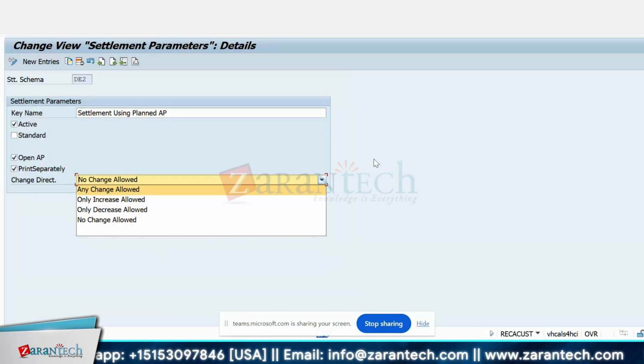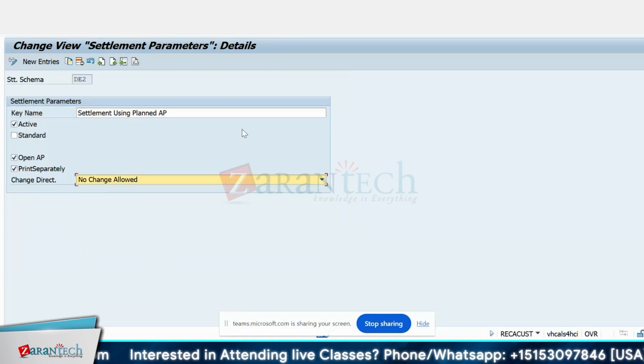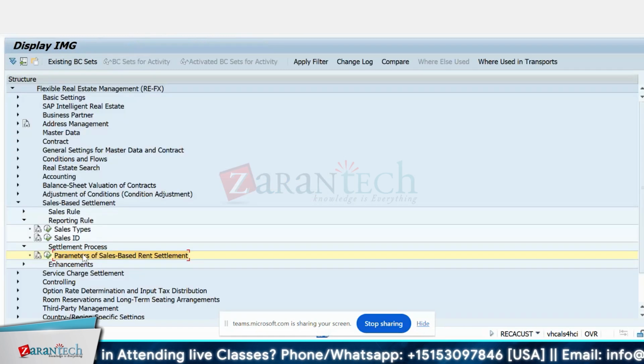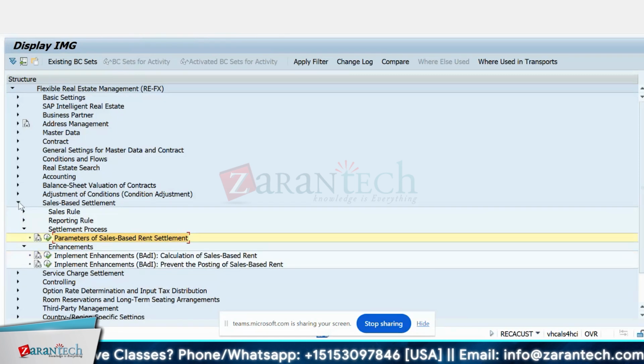Change direction is nothing but when we are increasing any of the settlement, let's say if you want to define any of the settlement parameters, then it should be defined whether, based on the sales rule, only increase should be allowed or decrease should be allowed in minimum sales based rule, whether it is allowed or not. So all these things for settlement parameters, you can define over here. Okay. Then under this your enhancement will be coming. So this is the sales-based scenario.